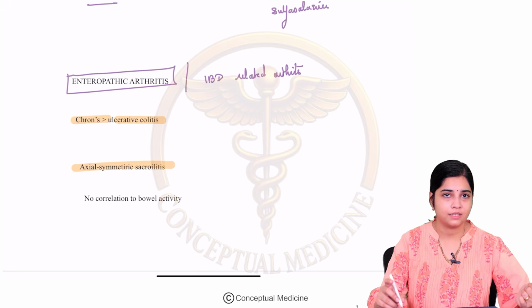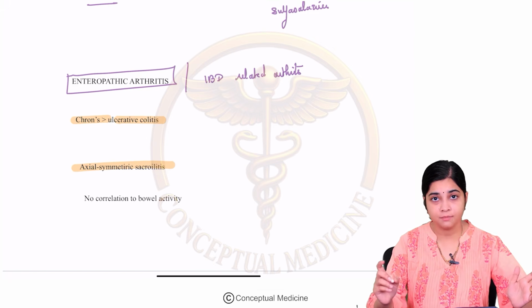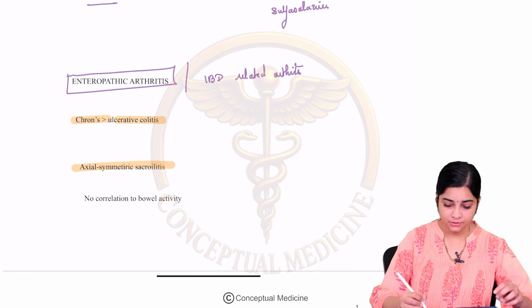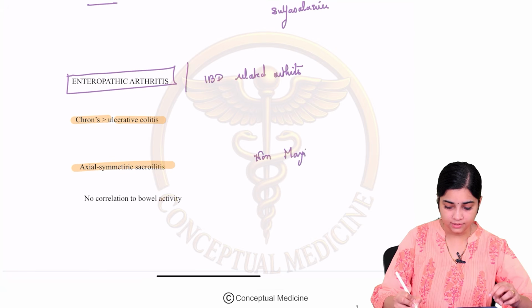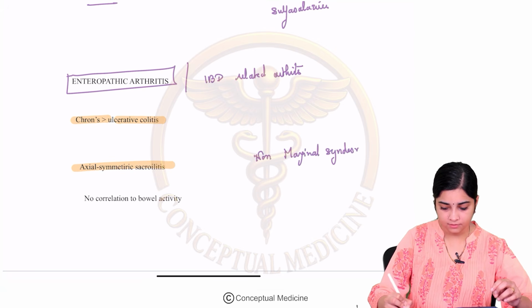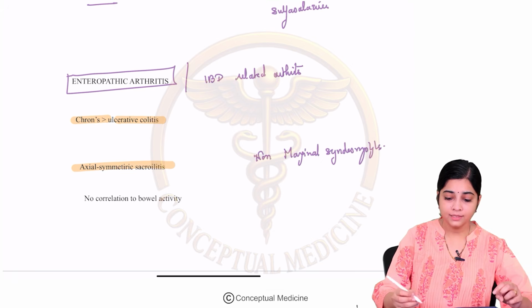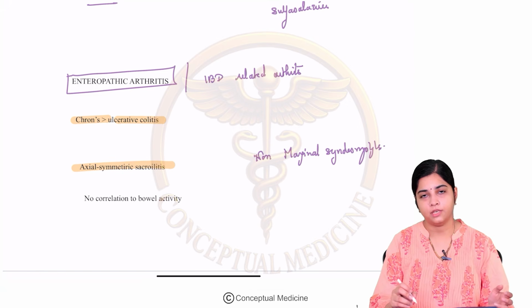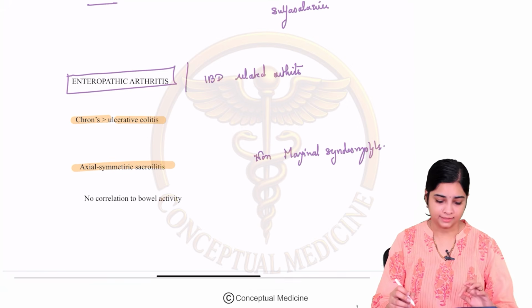So asymmetric is reactive arthritis. Here you can have symmetric sacroiliitis. But what type of syndesmophytes do you find? You can find evidence of non-marginal syndesmophytes. And most of the time, IBD-associated arthritis may or may not have association with the ongoing bowel activity.